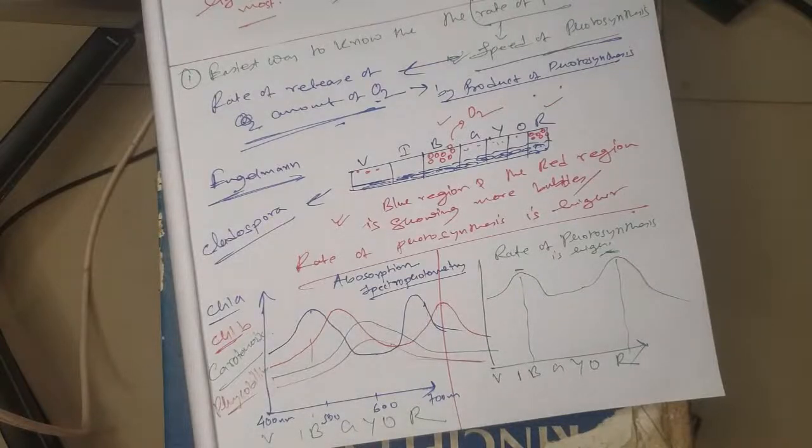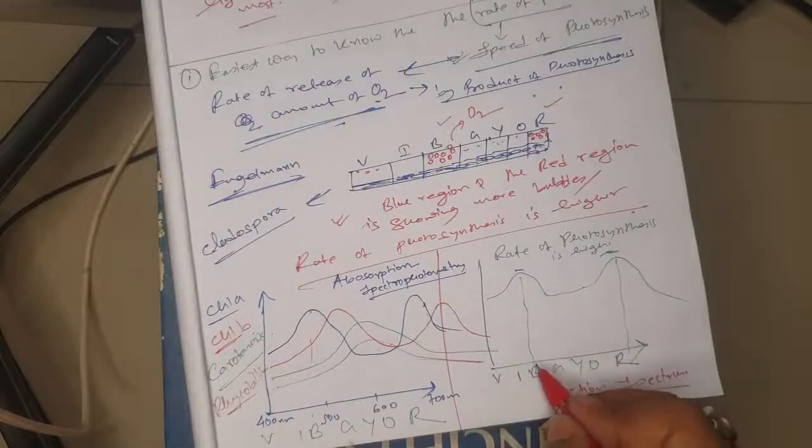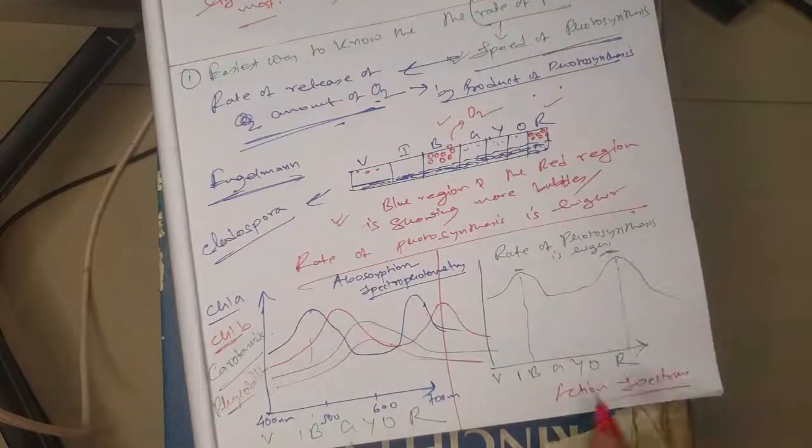Now if you compare this graph, which is the absorption spectrophotometric graph, with this other graph, which is known as the action spectrum graph. Why is it called the action spectrum graph? It is called this because here we see that the blue and the red light are most effective on the rate of photosynthesis.